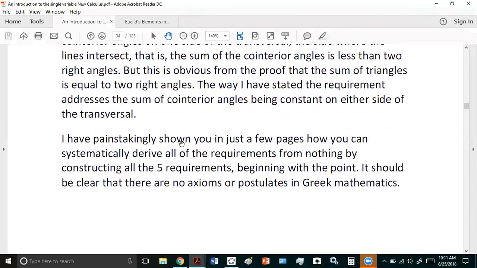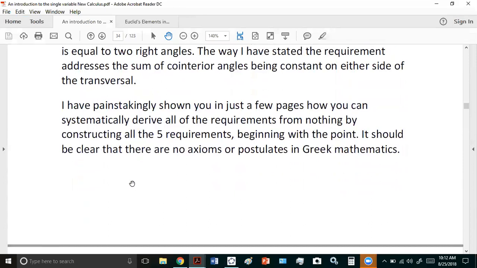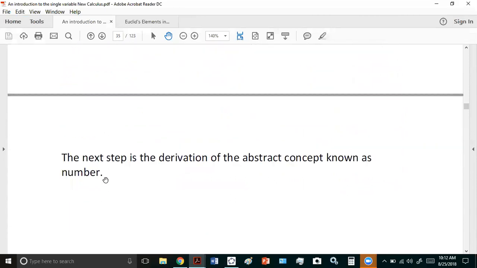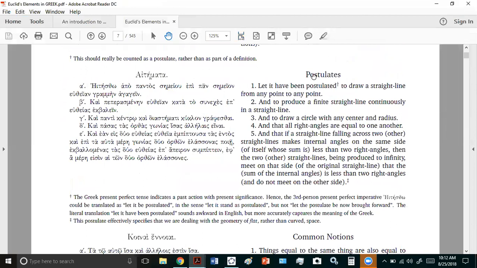And I've painstakingly shown you in less than half an hour how you can systematically derive all of the 5 requirements from nothing, beginning with a point and building on the notion of a point. It should now be clear that there are no axioms or postulates in Greek mathematics. And naturally, Euclid didn't do this by accident.